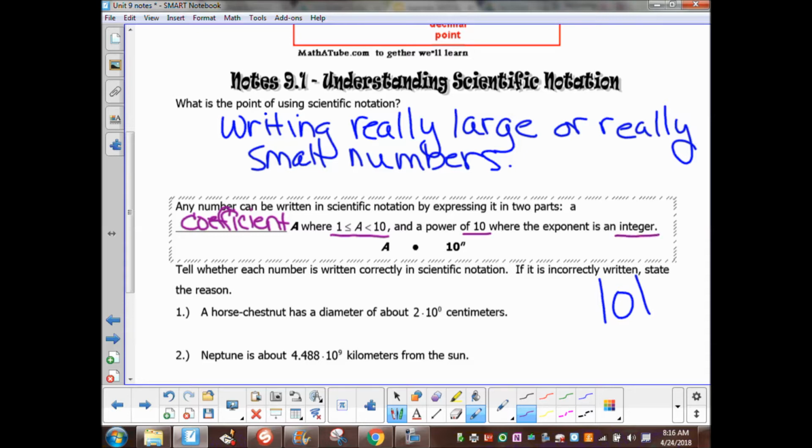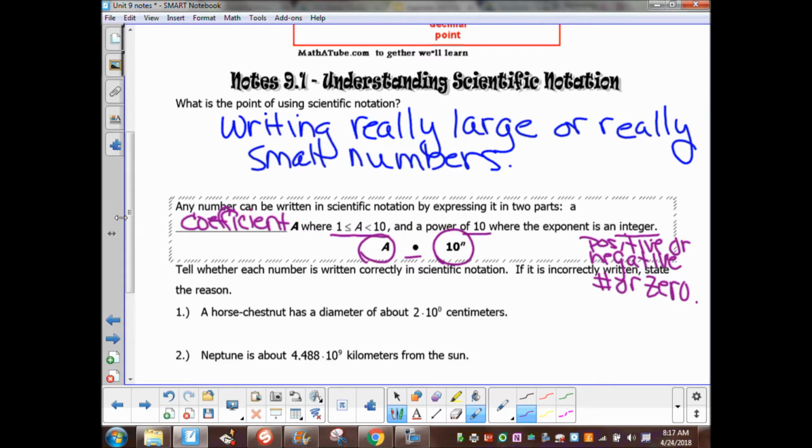An integer just means it's a positive or negative number, or 0. So you can't have the exponent be a fraction. That's not going to work in scientific notation. So two parts: a coefficient times some power of 10, where n is your exponent.